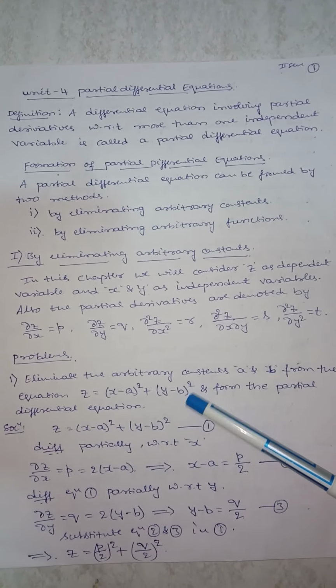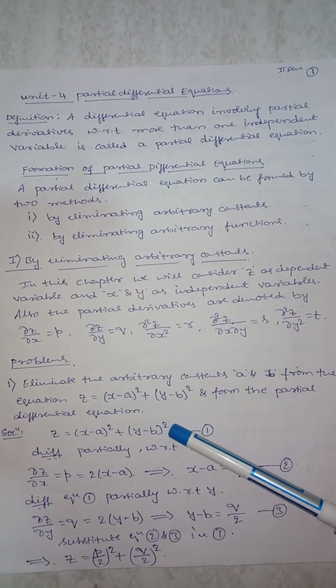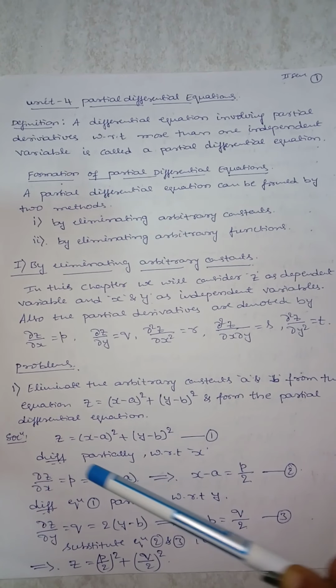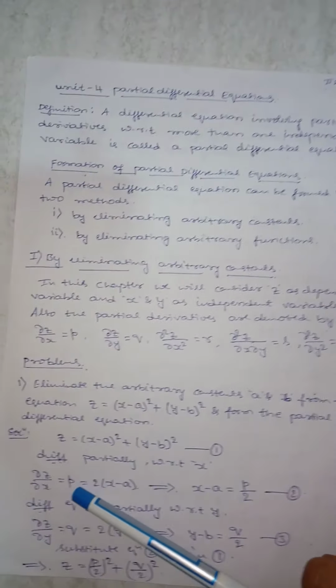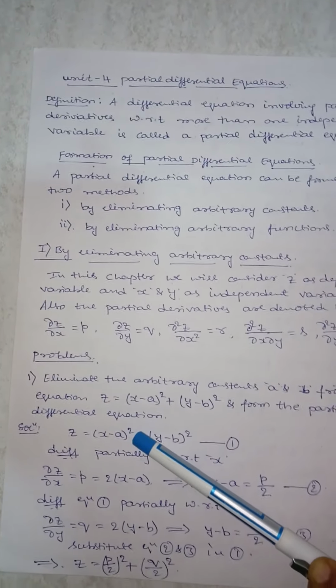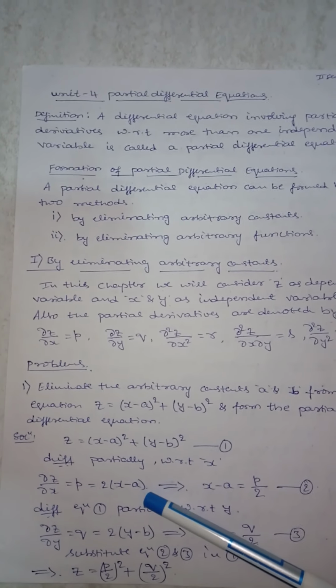So we shall consider the given equation as 1. Now differentiate equation 1 partially with respect to x, that is dou z by dou x. We are going to represent it by small p. Differentiation of (x minus a) whole square partially with respect to x gives 2(x minus a).